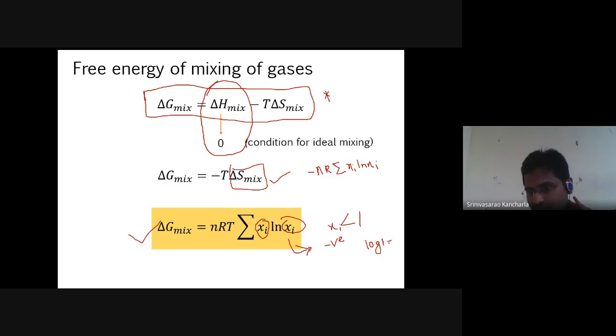If you go anything below 1, you will get a negative logarithmic value. So overall you will get a negative value. Understand? That's how it works.